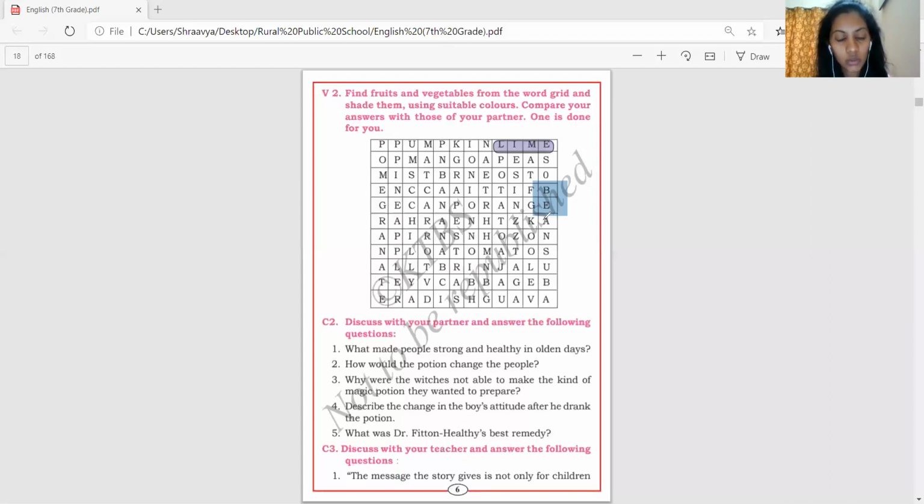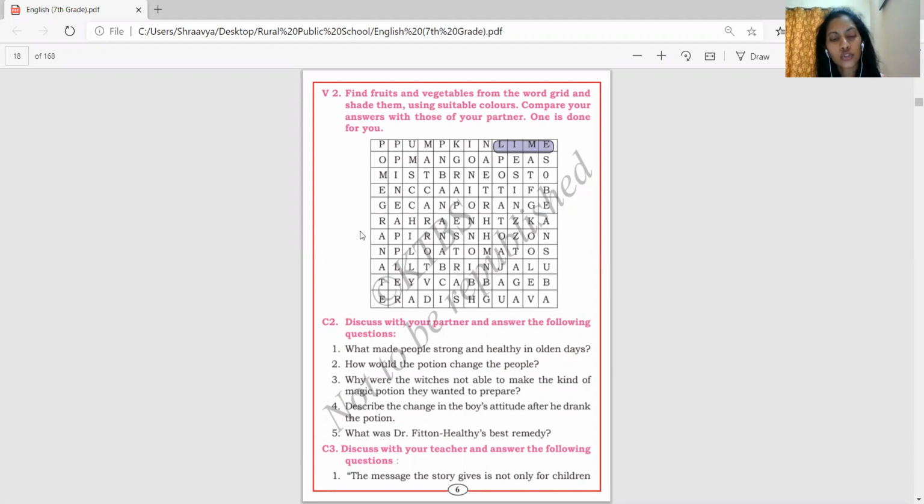We will do the C2 exercise and then we'll stop the video for now. What made people strong and healthy in olden days? You should know the answer for this by now. Exercising, eating fruits and vegetables, right? Eating healthy is one and second is exercising.